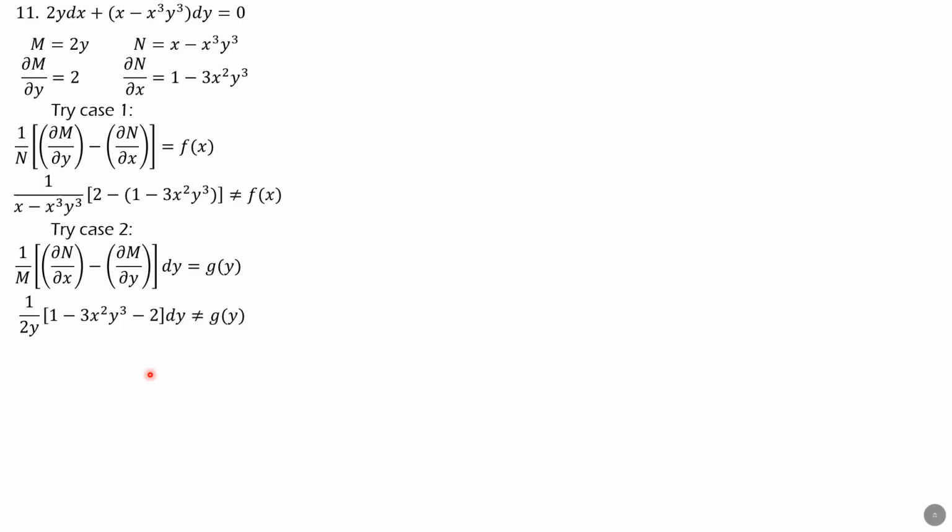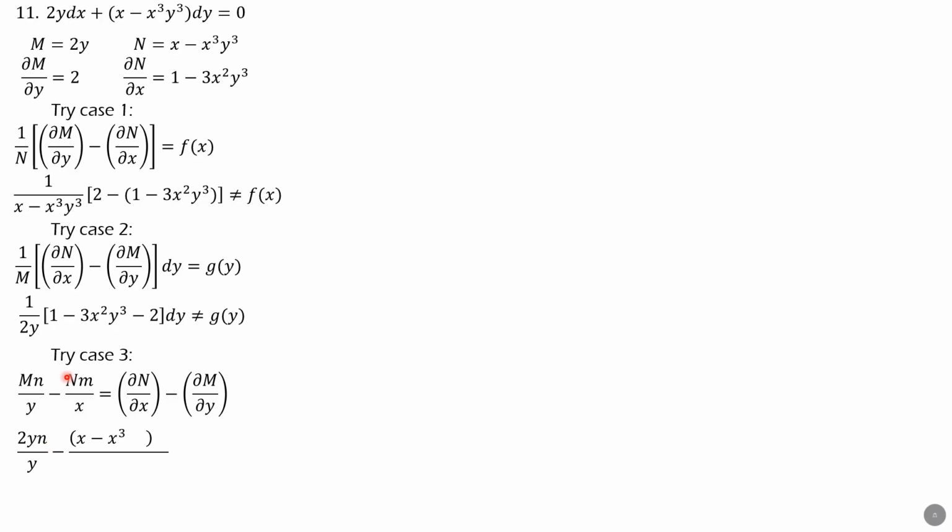So we proceed next to case 3, and if you remember, case 3 is M N over y minus N M over x equals partial of N with respect to x minus partial of M with respect to y. So 2y times N over y minus the quantity x minus x cubed y cubed times M over x equals, we copy this, 1 minus 3x squared y cubed minus 2.